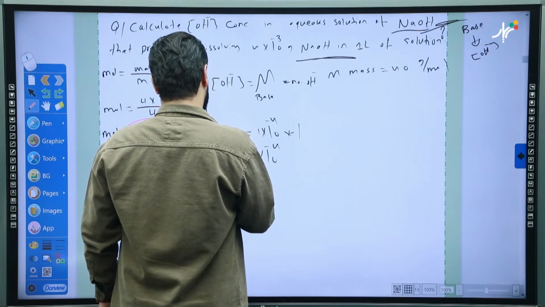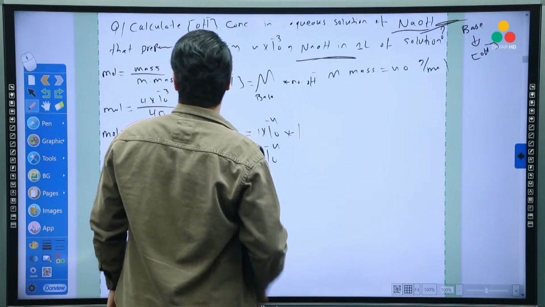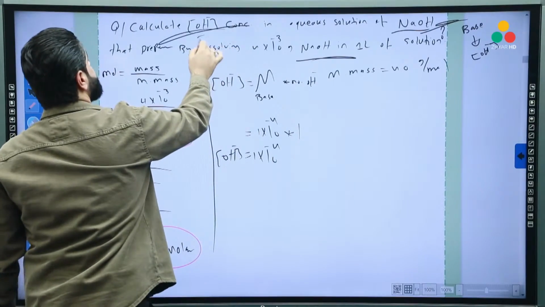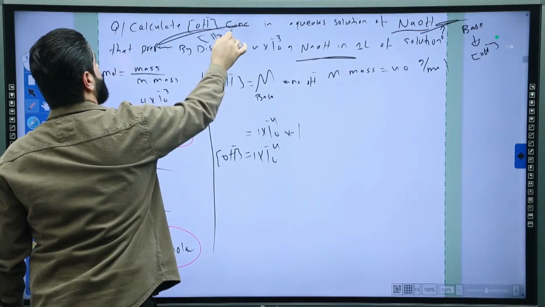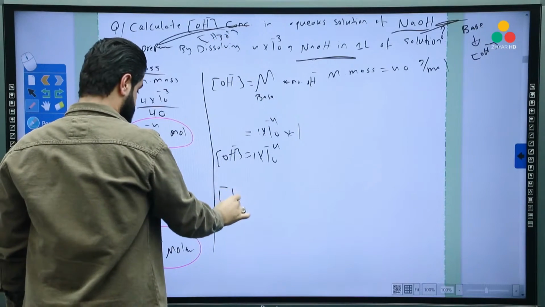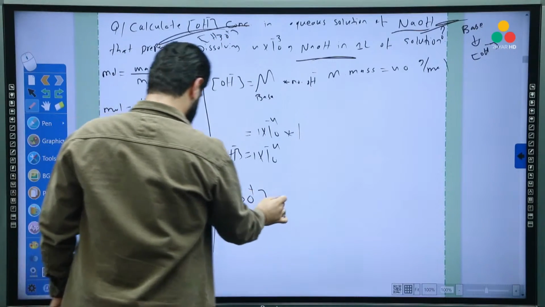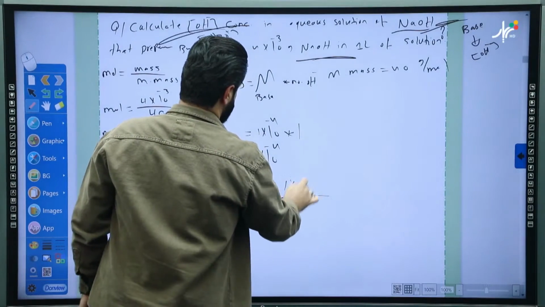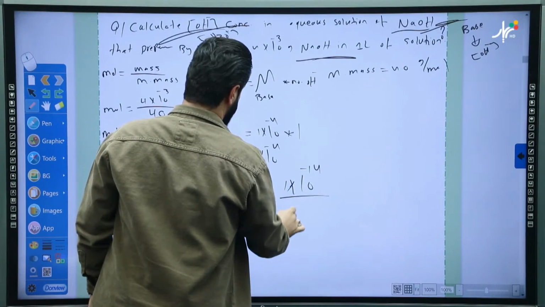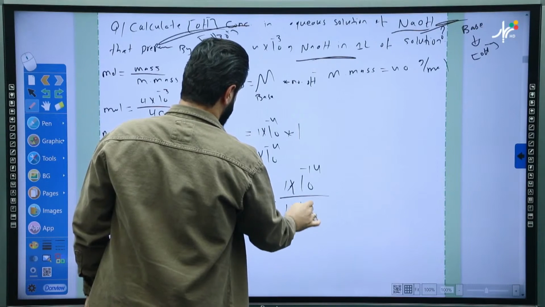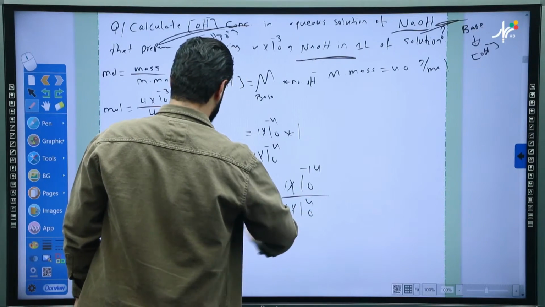What if we calculate H3O also at the same time? H3O equals 1 times 10 to the negative 14 divided by 1 times 10 to the negative 4, which is OH.